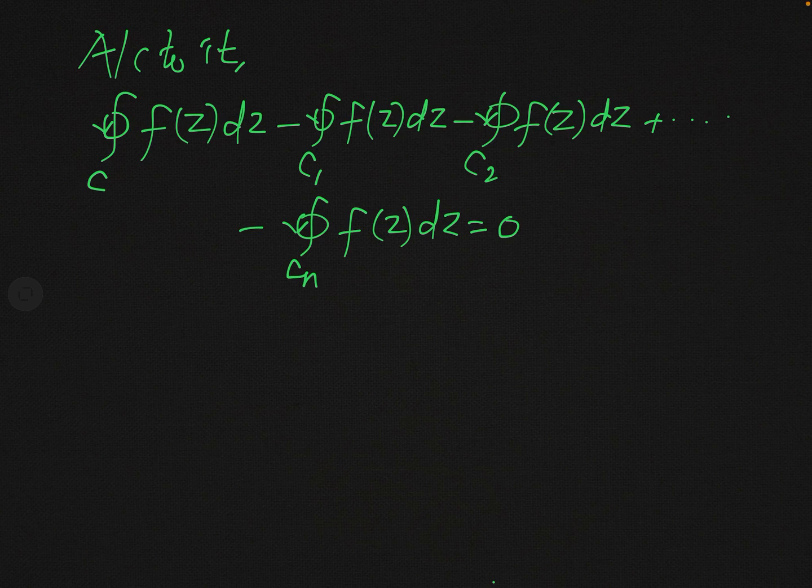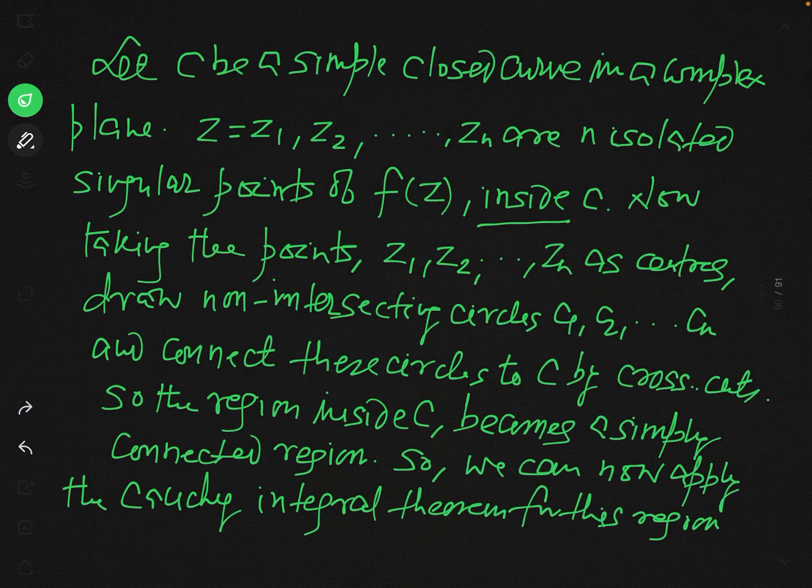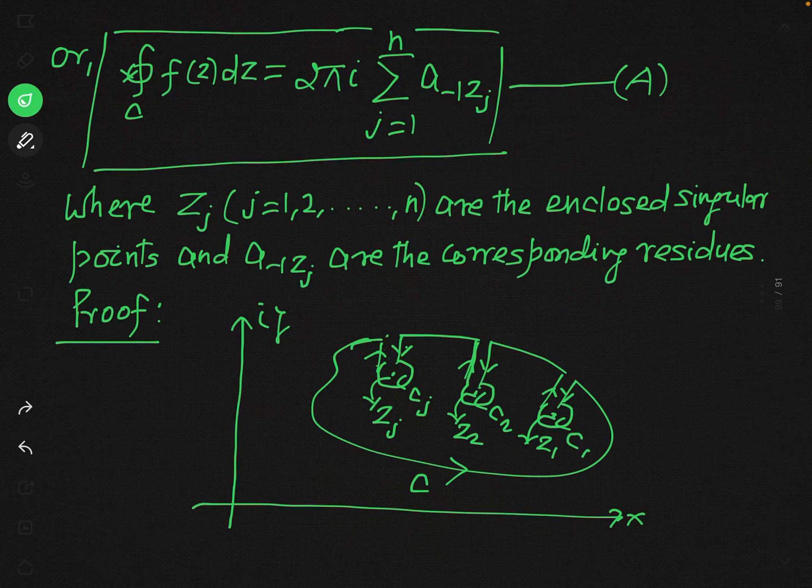You know why we have taken the minus sign in the terms for the circles C1, C2, C3, and so on, Cn. As you can see in this figure, when we traverse along the closed curve C in anti-clockwise sense, these circles C1, C2 and so on Cn are traversed in clockwise sense.